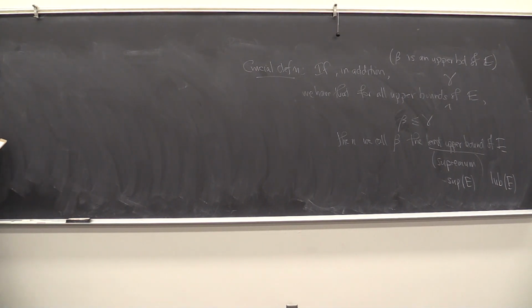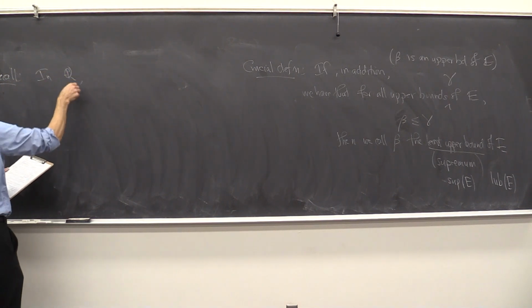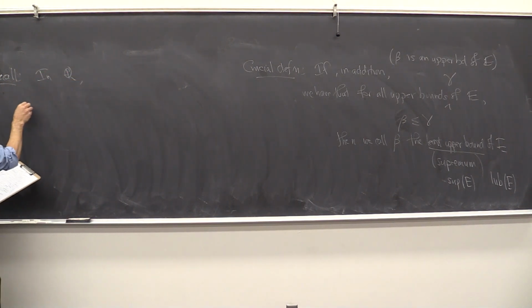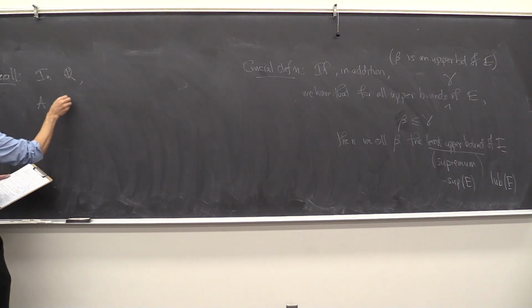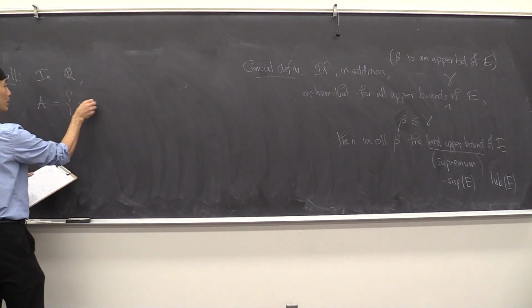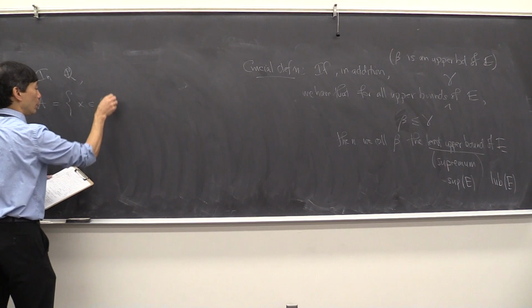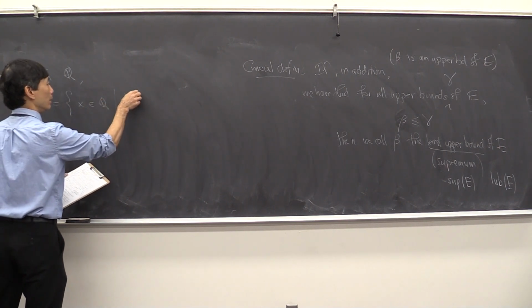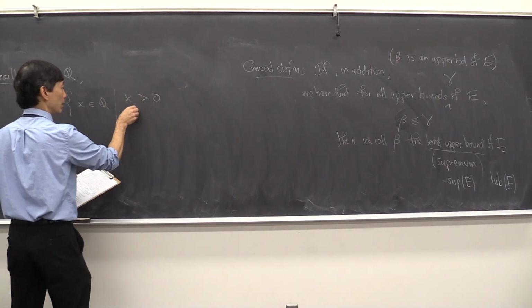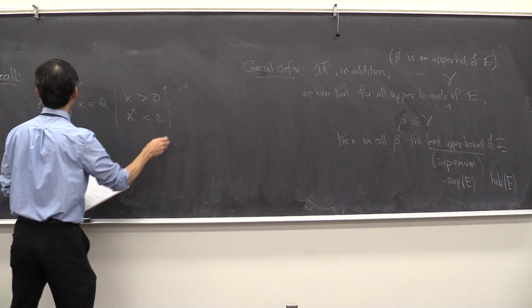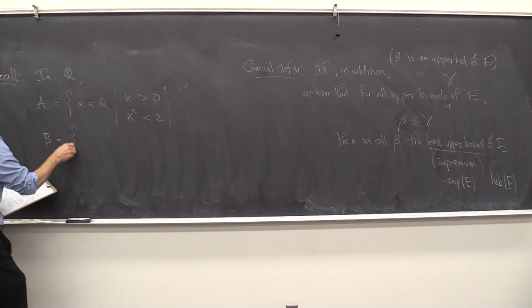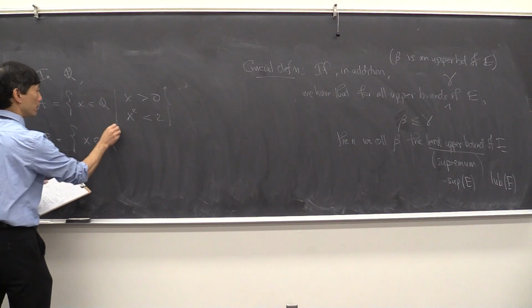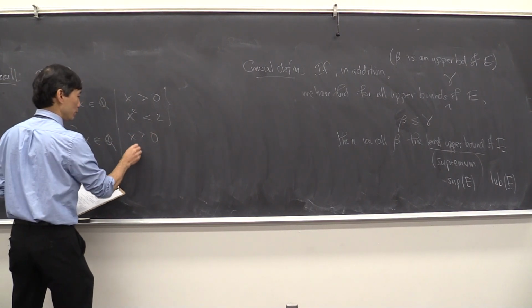Let's recall that in Q we had made these two sets. We let A be the rational numbers where the number is positive and the square of the number is less than 2. And we had this other set B, where the numbers are positive and the square is greater than 2.